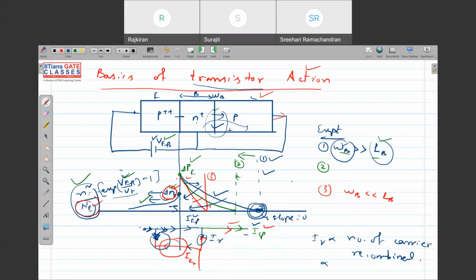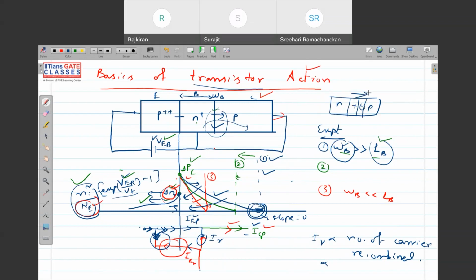Okay. So Surajit, we know in a PN junction, this is my NP junction. In the N side we have a positively charged depletion region. In the P side we have a negatively charged depletion region, so the electric field is like this, right?